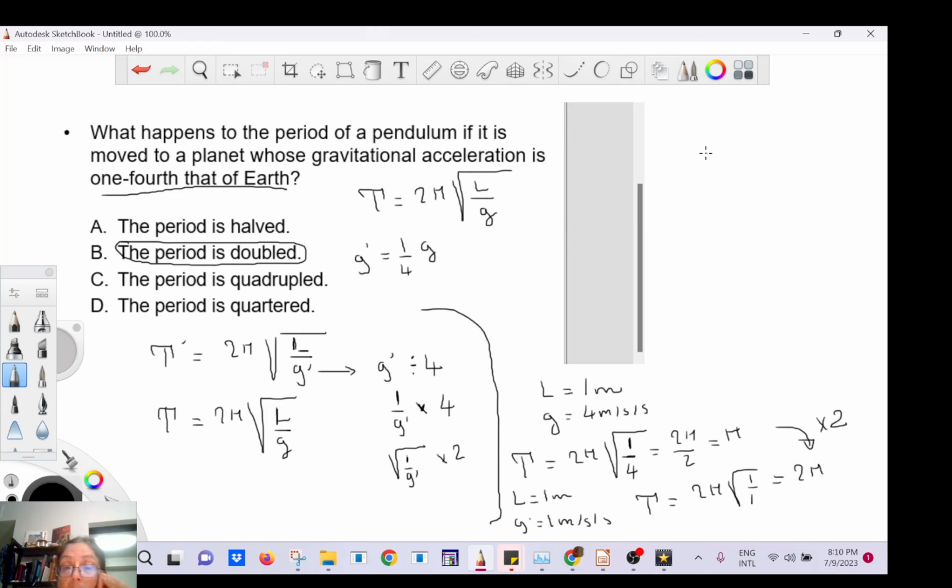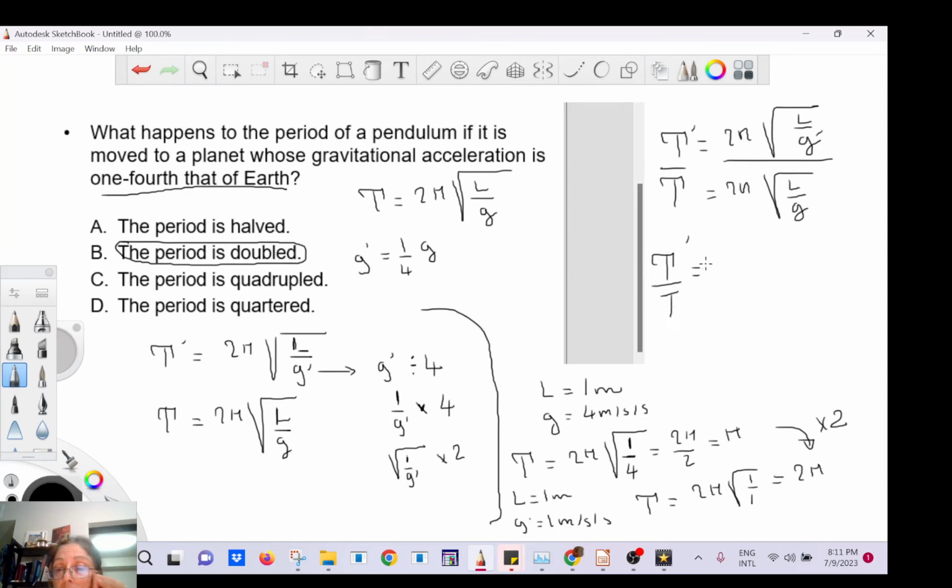Okay? Other way to do it, you have T prime equals 2 pi square root of L over G prime. That's the new one. And then T equals 2 pi square root of L over G. So you take the ratio between them. So you have T prime over T equals 2 pi divided by 2 pi. Okay, so it goes away, can cross.